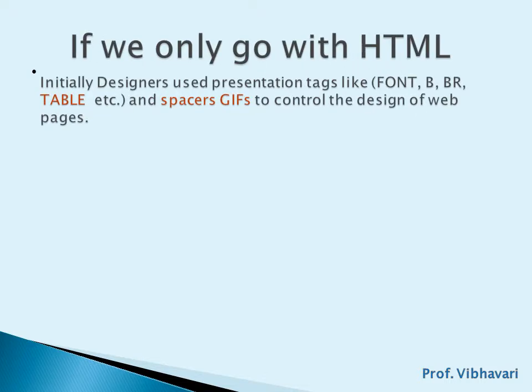Now, if we only go with the HTML, I'm just going to explain that if we are not taking the second layer like CSS or the third layer like JavaScript in our program to make the website, then how does it work?